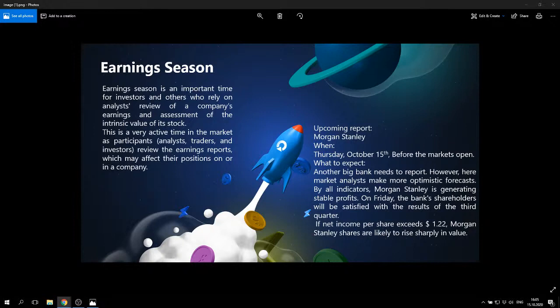If you put it all together, the bank shareholders will be satisfied with this third quarter result. And as per the analysis, if net income per share exceeds $1.22, the shares of Morgan Stanley are likely to rise sharply in value. That means, guys, it's a very good time to invest in the Morgan Stanley stock, right?